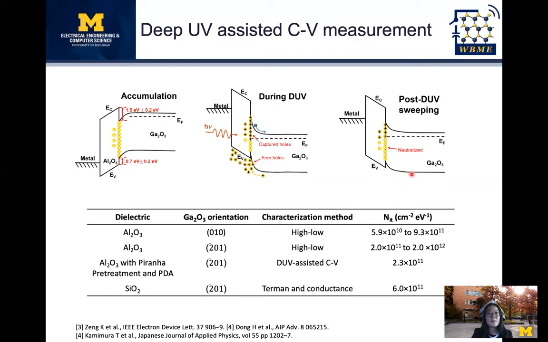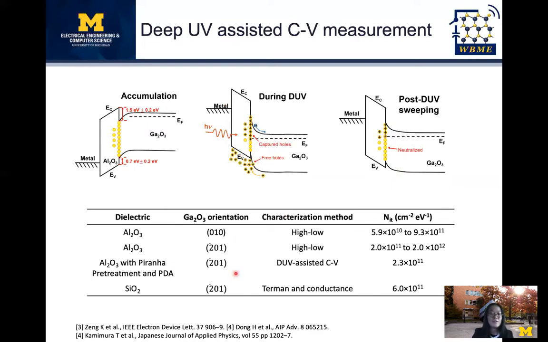Using this method, several groups have characterized the interface states in aluminum oxide on -201 gallium oxide. For the other orientation, there are also previous results using conventional characterization methods.